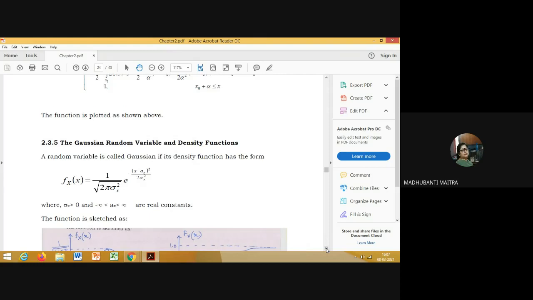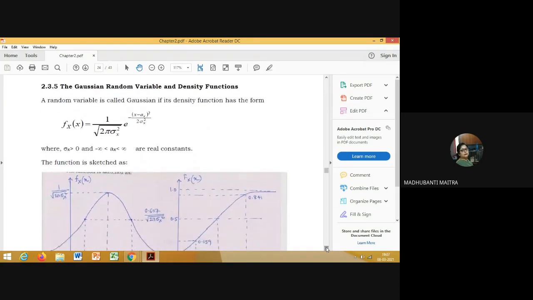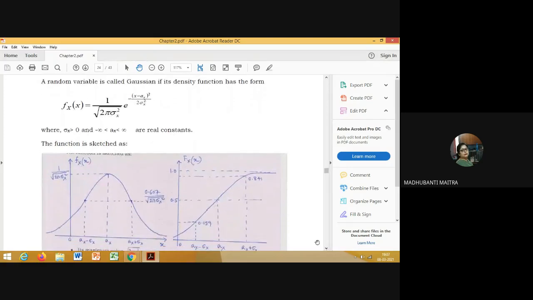If we draw the density function for different values of x, we'll get this kind of bell-shaped function.